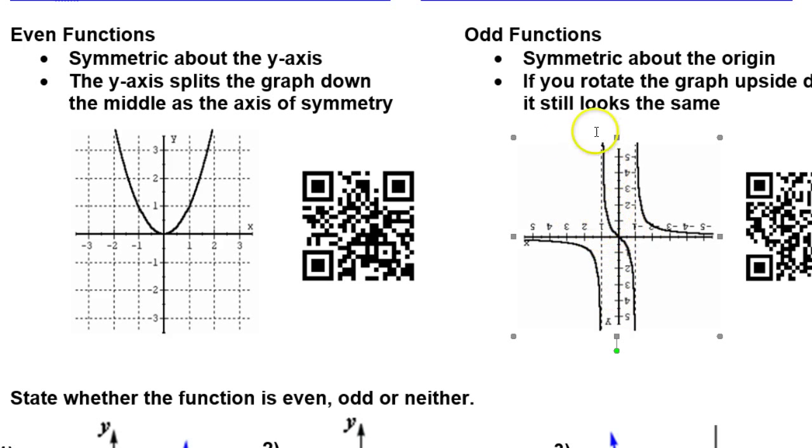Whenever that happens, it's going to be an odd function, all right? It has that rotational symmetry. One thing about that: just like when we talked about even functions, it had to be the y-axis as the line of symmetry. For odd functions, the origin has to be right in the middle of the graph, right in the center of that rotation.